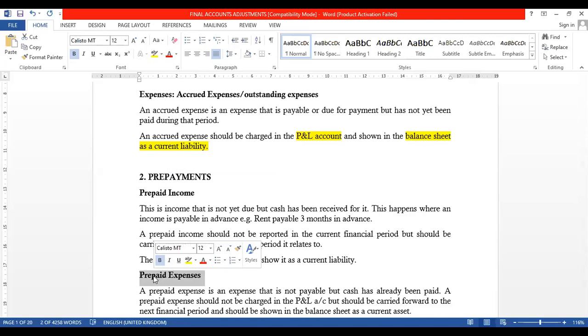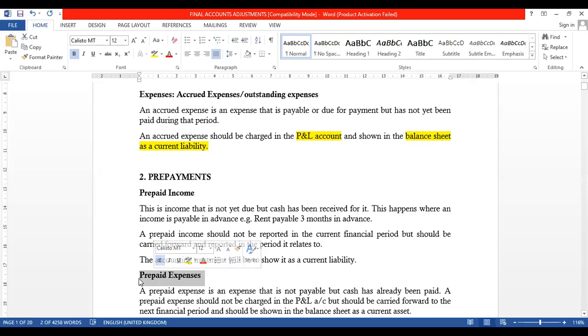For example, if we are renting out some apartments, and we are in September, and our client comes to us and pays the rent for October, November, and December all at once. That money that has been paid has not been earned.